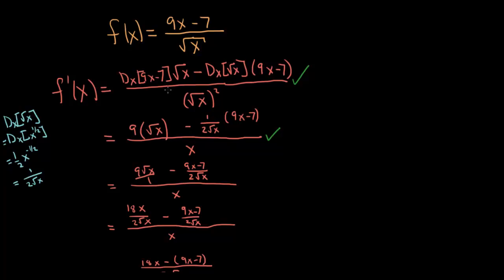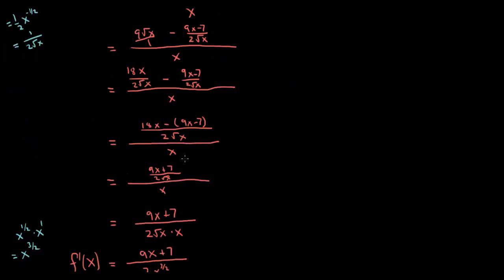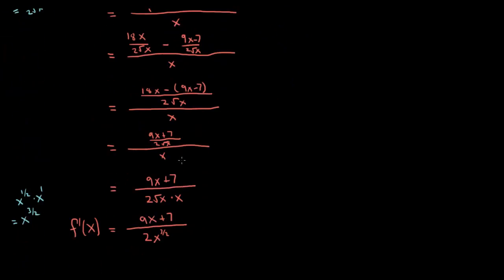Other than that, all of these steps, all the way down here, that's all just algebra, and some arithmetic, I suppose. Combining the fractions, taking care of the complex fraction, rules of exponents. That's a bunch of algebra and a little bit of arithmetic.